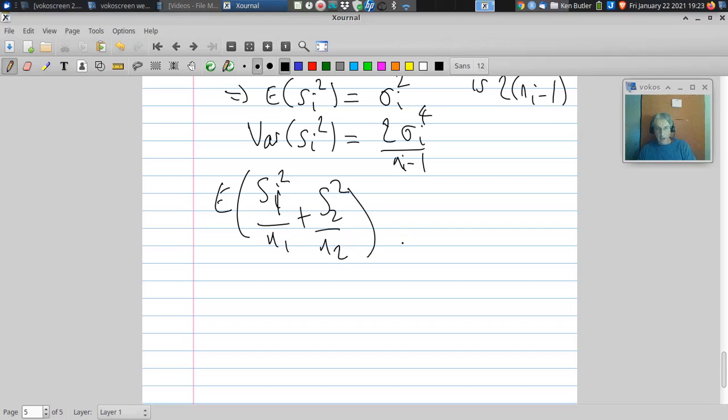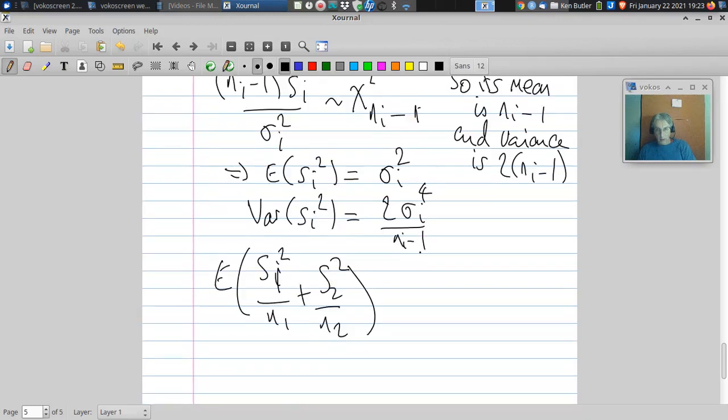And that we can do because we've got the ingredients here. The mean of a sum is the sum of the means, so this is going to be sigma 1 squared over n1 plus sigma 2 squared over n2. So that part of it is not too bad.